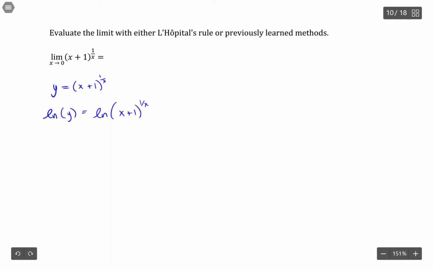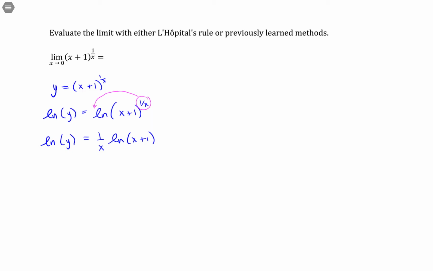Now, whenever you have a logarithm of some value raised to an exponent, you can bring that exponent out as a multiplier of the logarithm. That's just an algebraic property that logarithms possess. And it makes them very useful when you have exponents that are tricky to work with. So now I have 1 over x times the natural log of x plus 1.